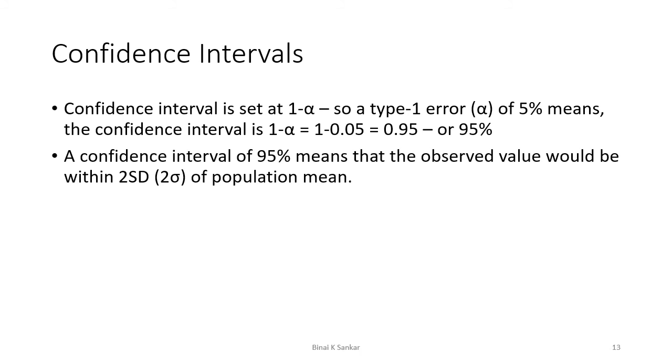Basically, a confidence interval is a range within which your actual values would lie. Say, for example, this is your population mean, and these are the confidence limits: this is the lower end, and this is the upper end.